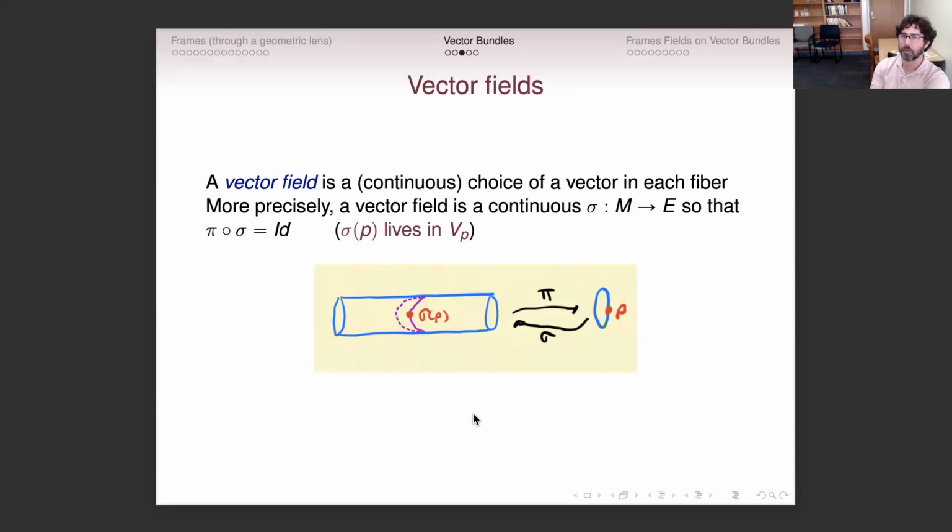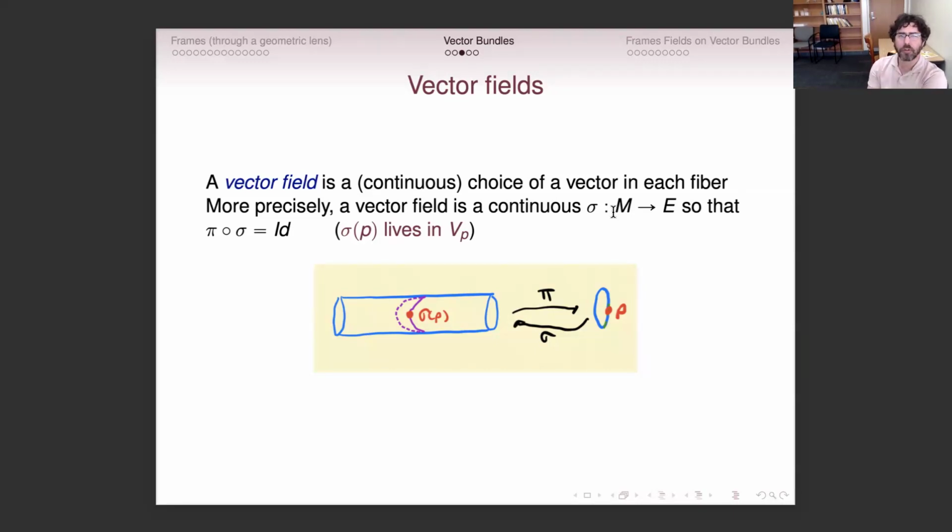If you want to make that a little bit more precise, you could say a vector field is a continuous function, sigma, from the downstairs space M to the vector bundle, so that if you compose it with the projection map, you get the identity. So this is just a fancy way of saying that the vector sigma associates to a point P has to live in the fiber sitting over top of that point.